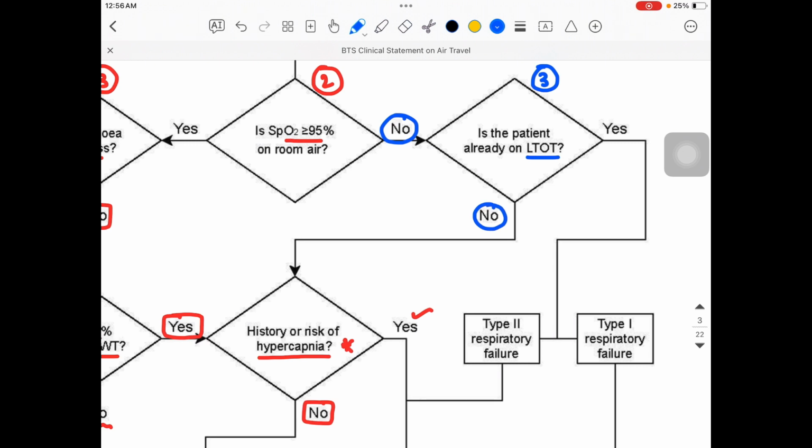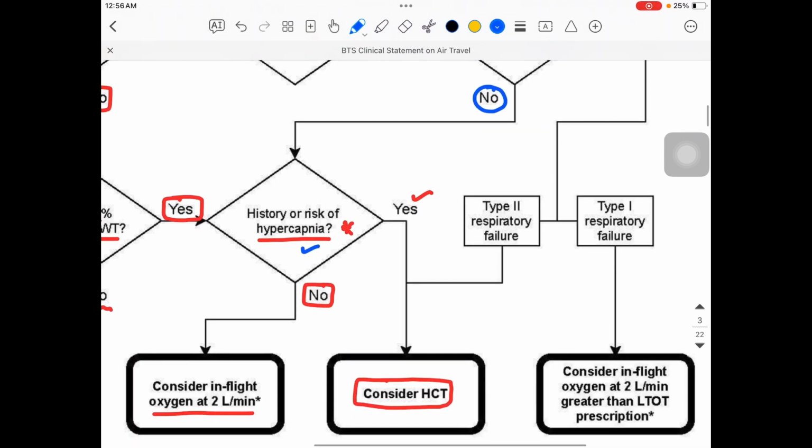In that case, again you will ask about the hypercapnia risk or hypercapnia history. The answer would be the same. If the hypercapnia history is not there, then you can allow the patient to board the flight with in-flight oxygen at around 2 liters per minute.